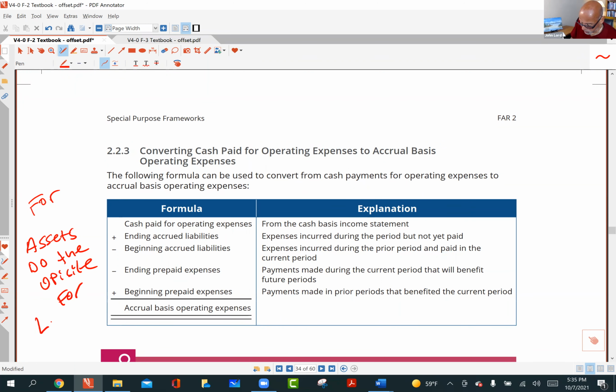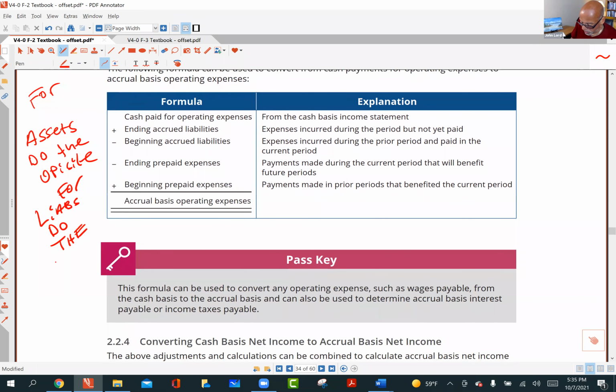For liabilities, do the same. So you can see why I put it on the flashcard, and I'm using the same sort of rhythm of speech here. For assets, do the opposite. For liabilities, do the same.